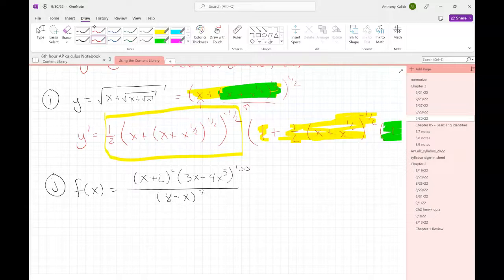So when you look at this, what do we see? Chain rules over a chain rule. I see 3 chains, a quotient, and a product. Yes. That's all. This is a big beefy one right here.